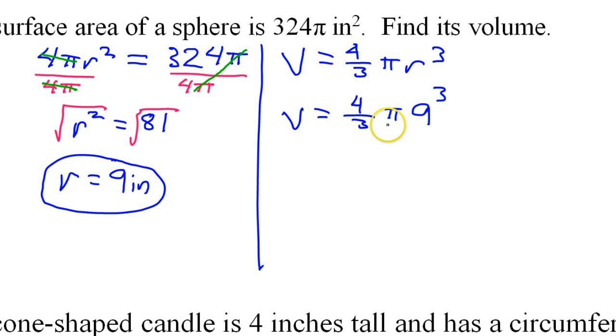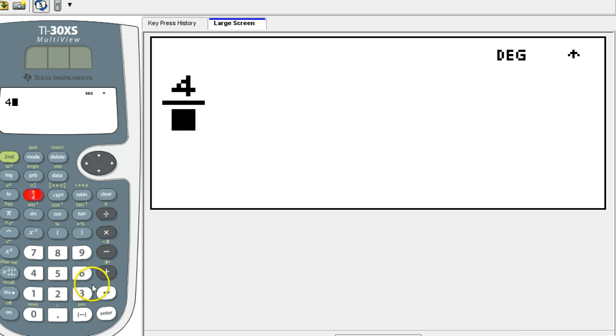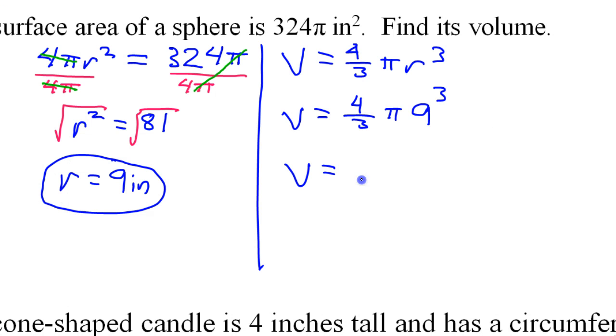So 4/3 pi times 9 to the 3rd power. That's 972 pi. Cubic inches, because it's volume. But we're supposed to put everything as a decimal.